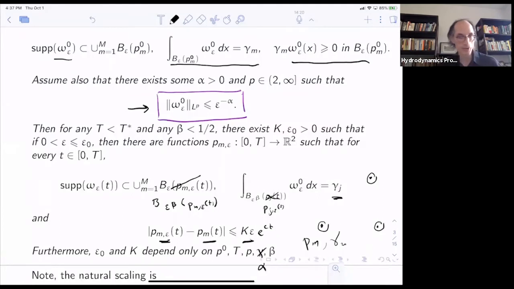So the constants depend on how badly the norm is blowing up in which LP space. And they depend on the size of the ball in which I want to see the vorticity concentrated. That's what the alpha is doing. But the fact that they only depend on these LP norms is telling us that, morally speaking, this result should continue to be valid if I only assume my initial vorticity belongs to LP for p greater than 2.